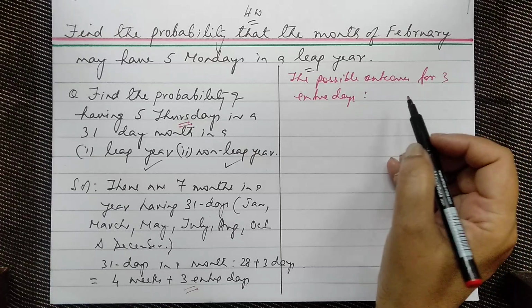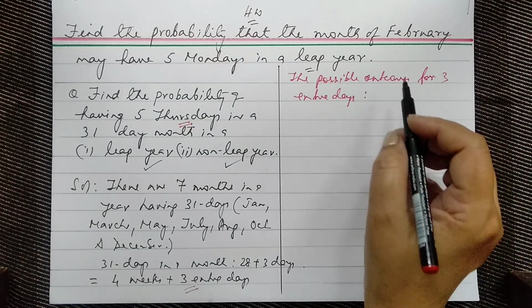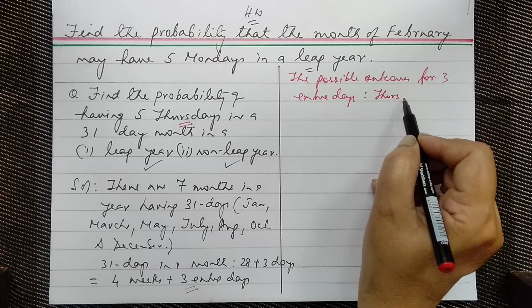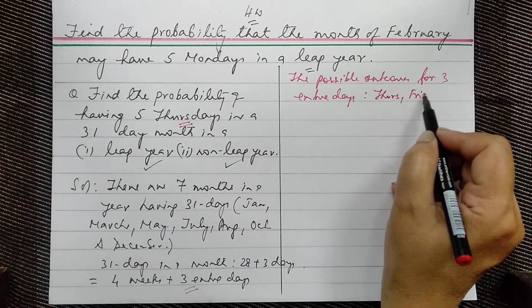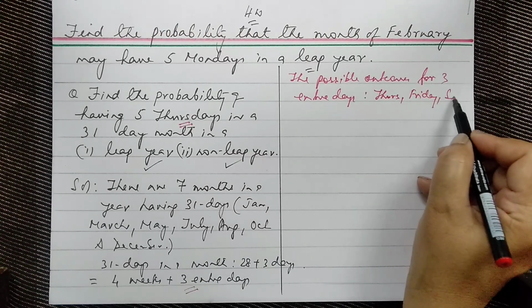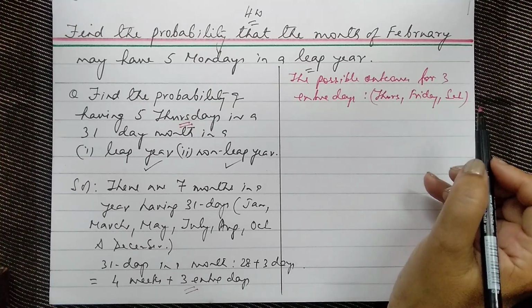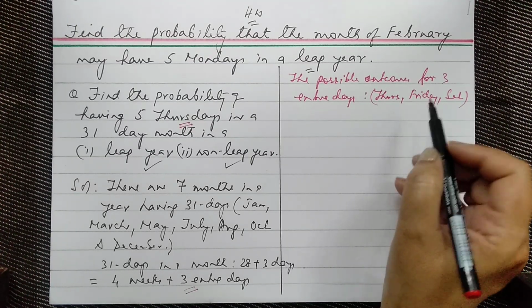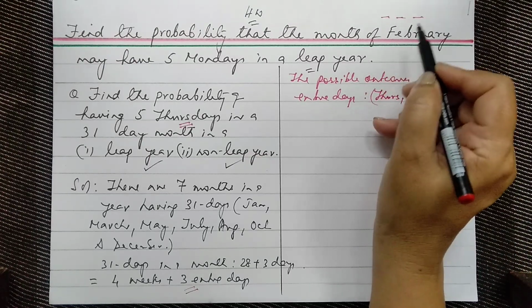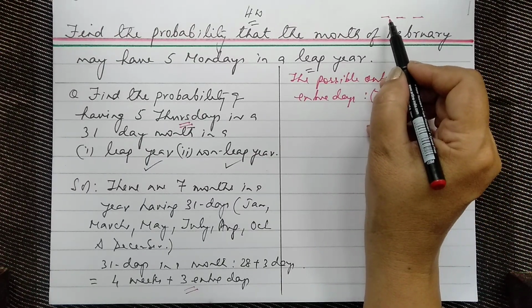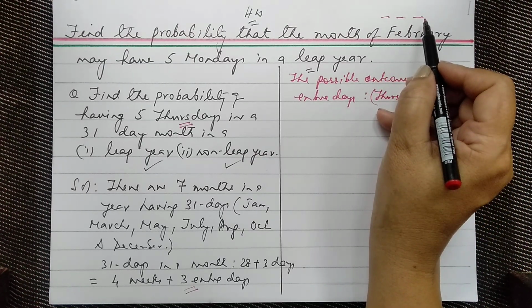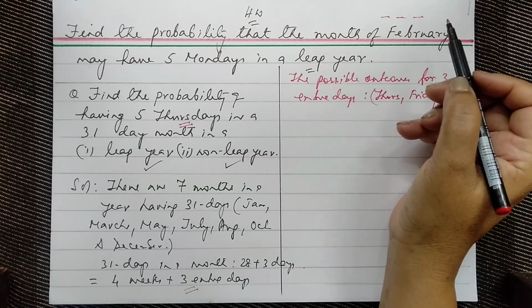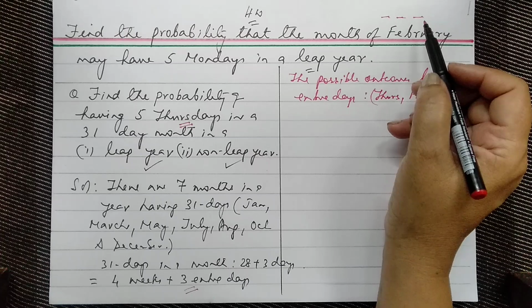So the possible outcomes for the 3 extra days could be starting with Thursday, Friday and Saturday. So we have begun with Thursday. In those 3 days, if we begin with Thursday, Friday, Saturday, there is a chance that we get 1 Thursday.